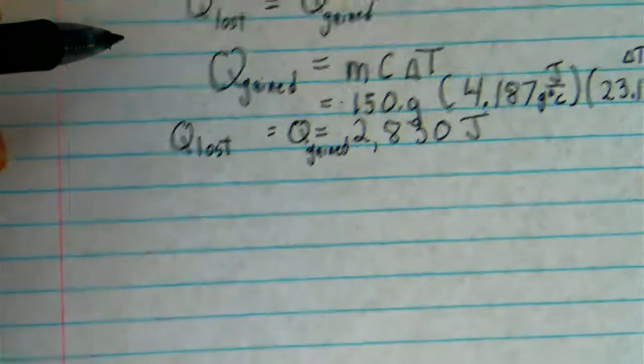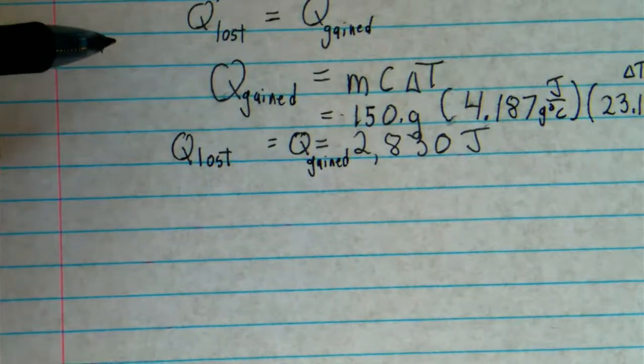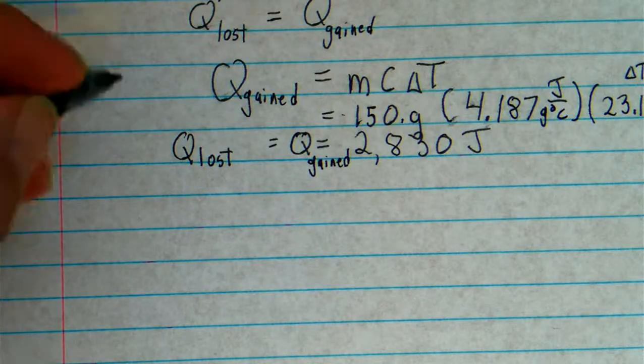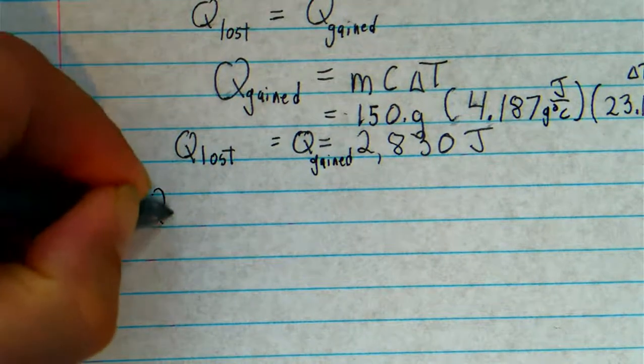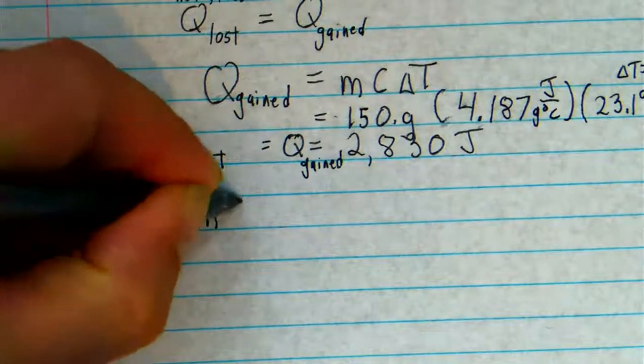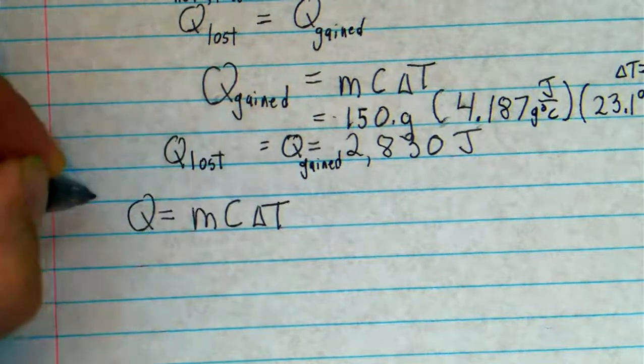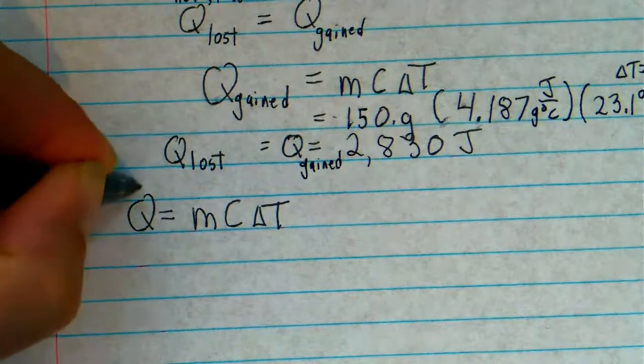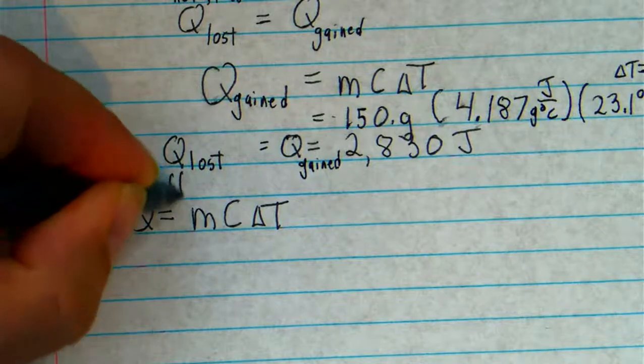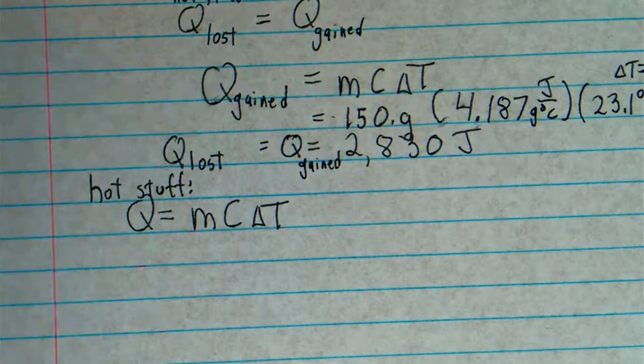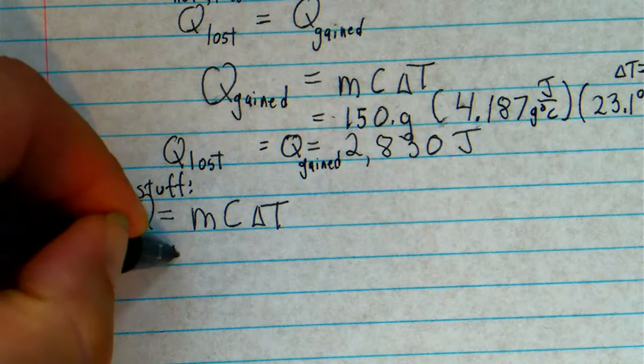Now we can go figure out the delta T for the copper. Again, we're using the equation Q equals mc delta T, but now we're going to be using the data for the hot stuff, not for the cold stuff.